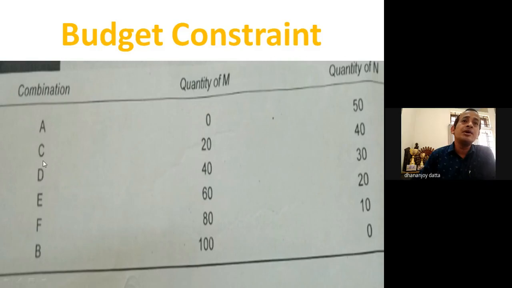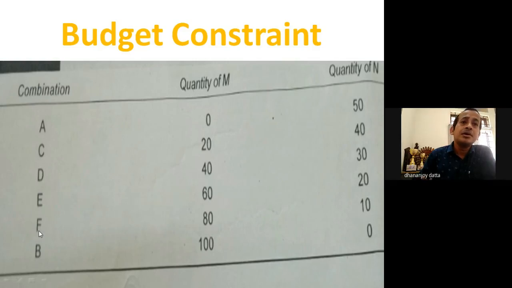Then in the same way, combination D, purchasing 40 units of M product and 30 quantity of N product. Then combination E, 60 quantity of M product at rupees 10 and 20 quantity of N product at rupees 20.